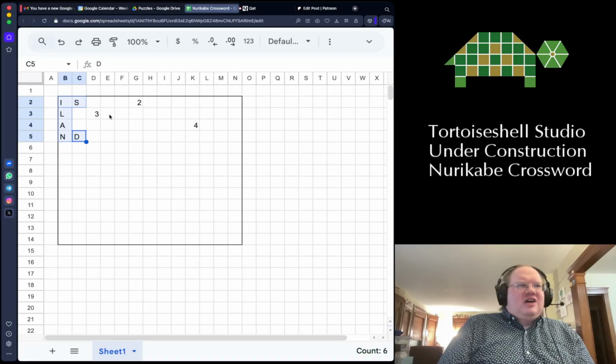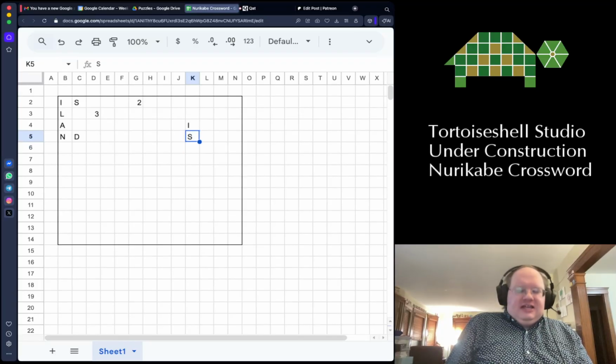This can lead to some unorthodox ways of reading letters, like you might have I S N S L A N D if your island happens to go around this way.